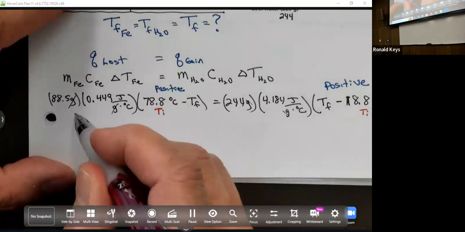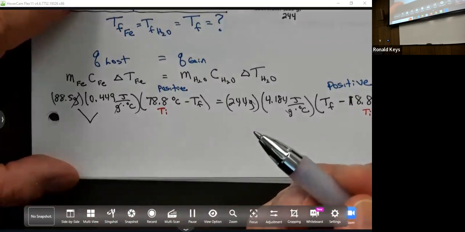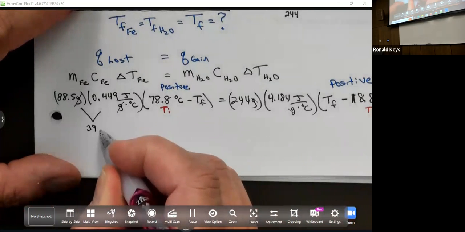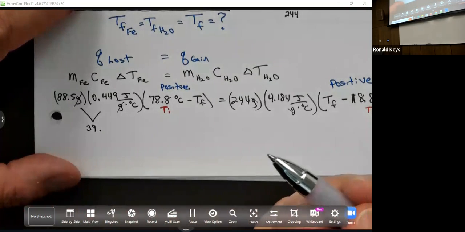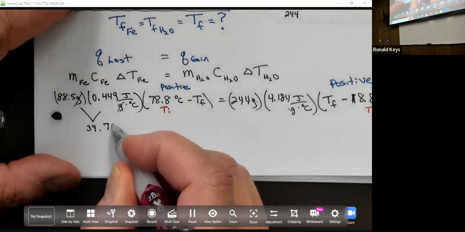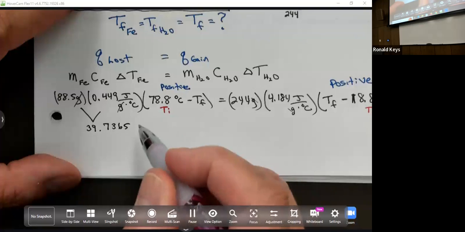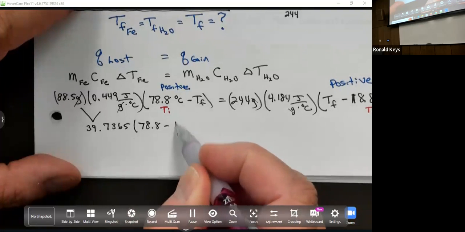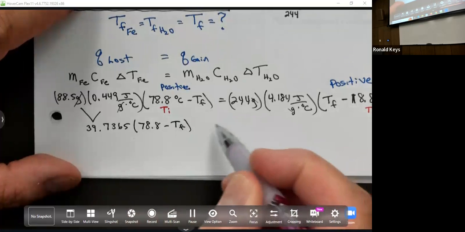If we multiply these two together, we're going to get 39.7365 times 78.8 minus T final.